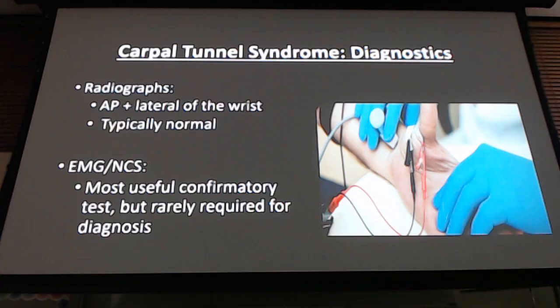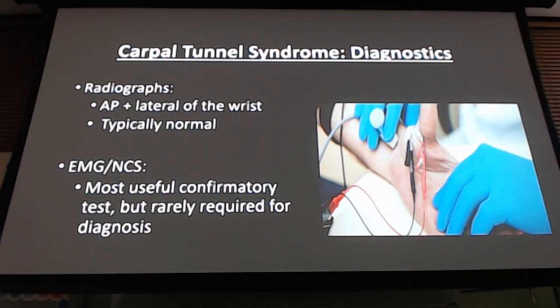In your book it says, but rarely required for diagnosis. In surgery, we'll often get EMG NCS, because as you guys know, we're going to learn in surgery next semester, there's something called a surgical indication. That means it's your way as a surgeon of telling the world that I did this surgery because it was indicated.